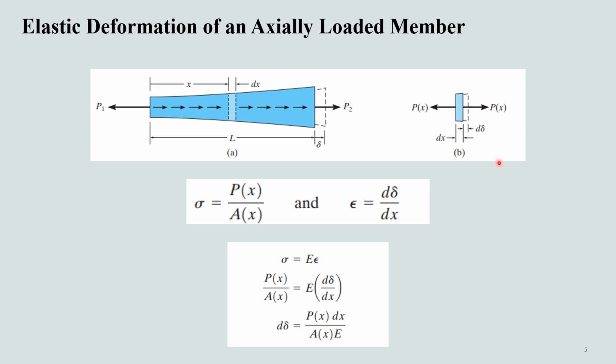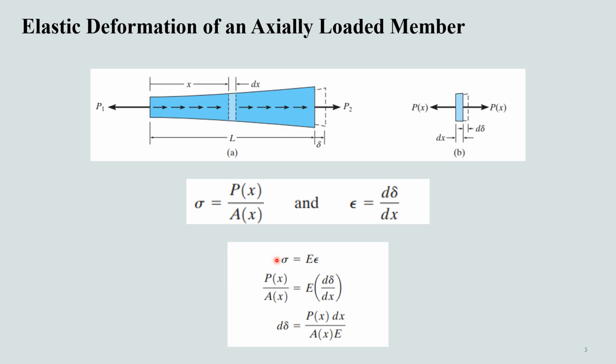The stress in the element is then simply sigma equals P of x, this applied load, divided by A of x, since the cross-sectional area is also varying and is a function of the distance x from the origin. The strain is simply the change in length, which is d delta here, over the original length, which is dx.